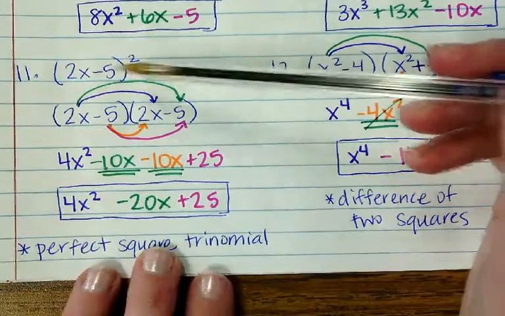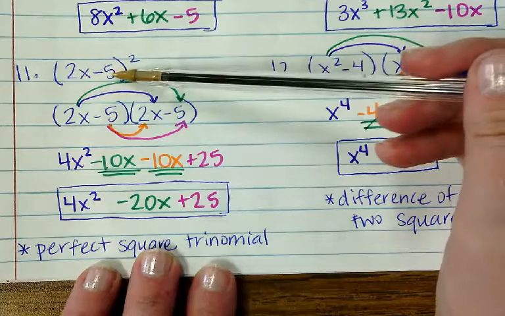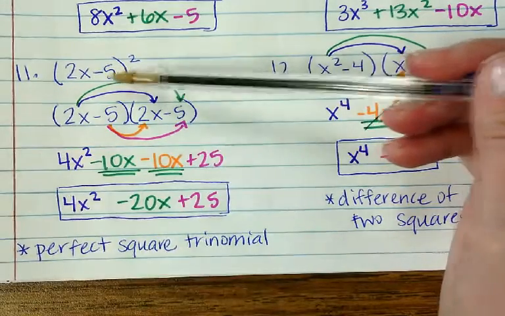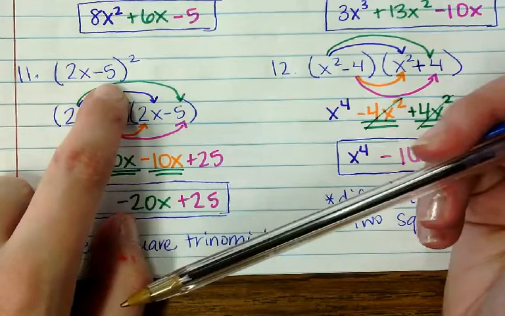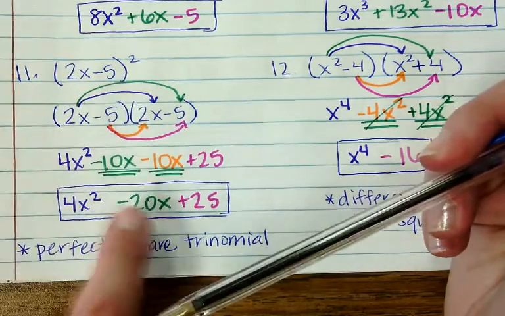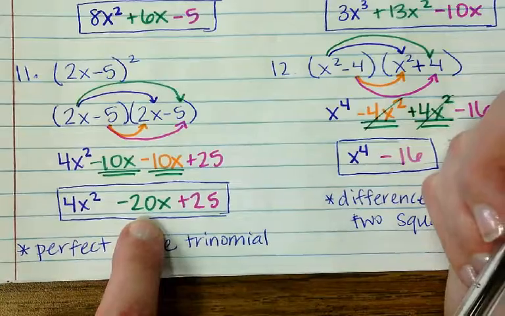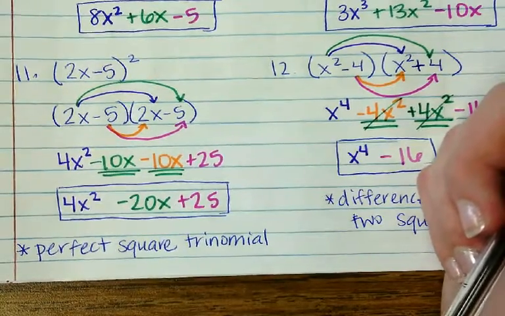But how you get the middle term is, look, you do 2x times 5, or -5, to get -10. And you double it to get -20. And it's going to follow that pattern every time. This is going to be super important when we get into our next unit. So I wanted to make sure I introduced it to you guys.